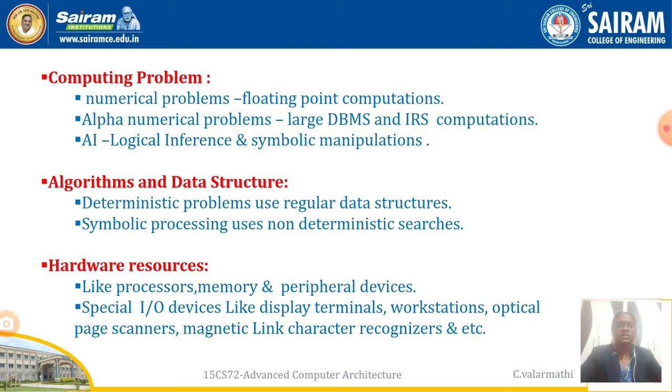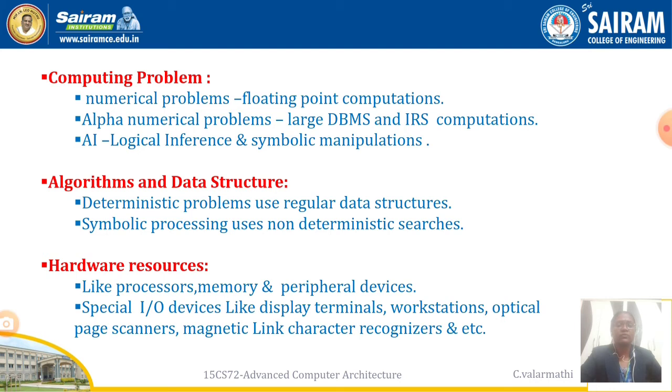Then next, we have now classified the problems. Next is to design algorithms and data structures. Normally when you are going to design a data structure, for some deterministic problems, for example, some problems will already be solved, and these will require regular data structures to implement. But some problems won't require any regular structure because they are non-deterministic problems.